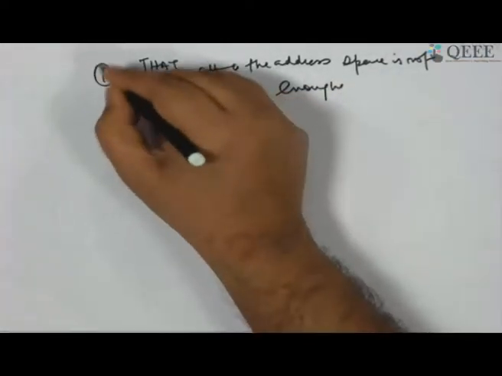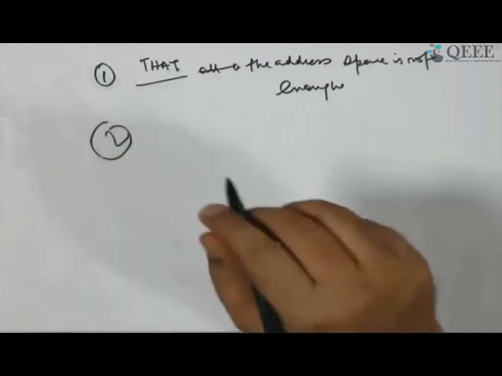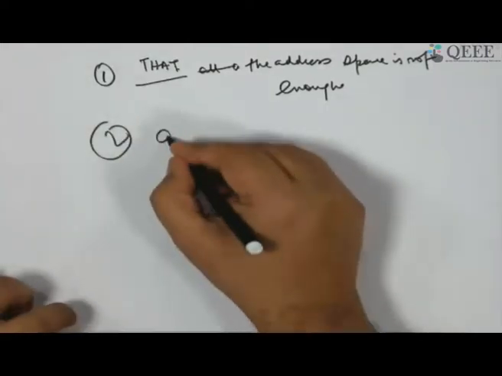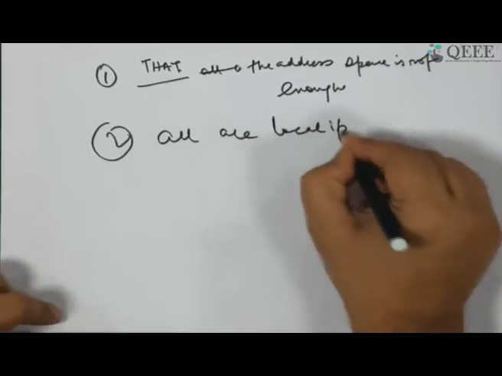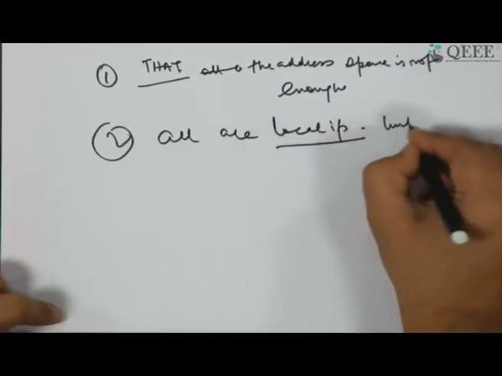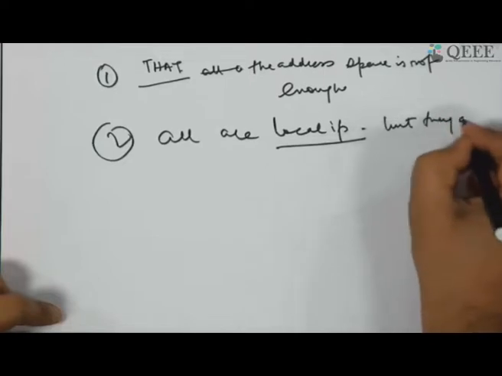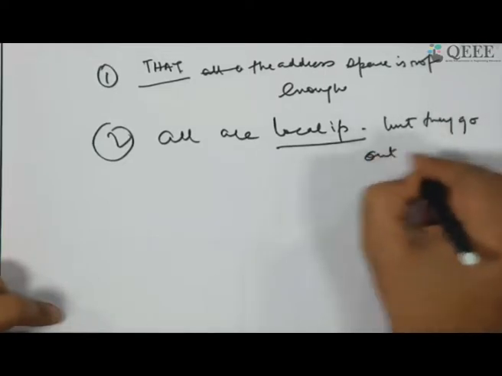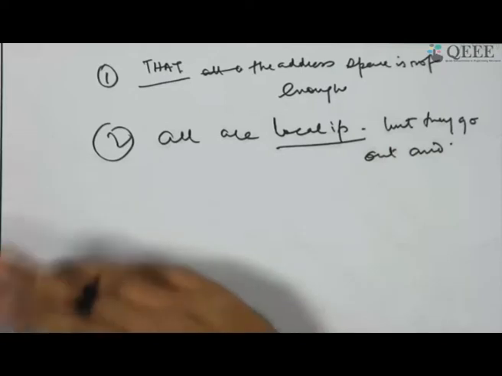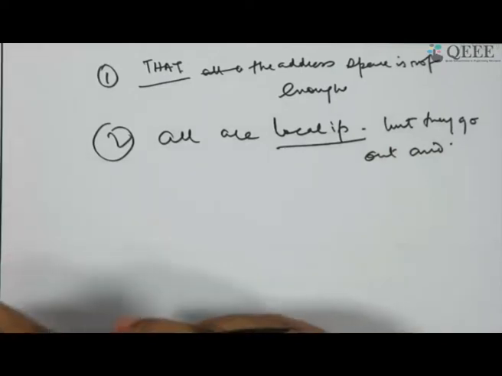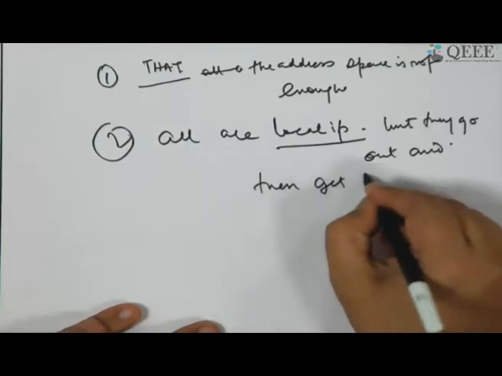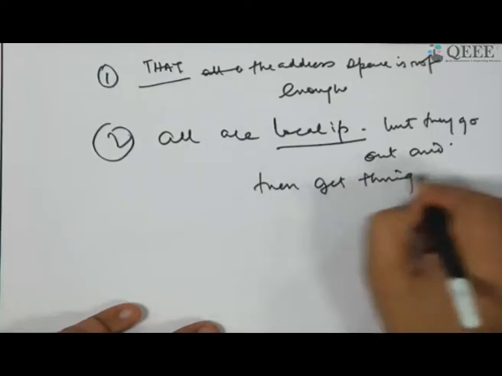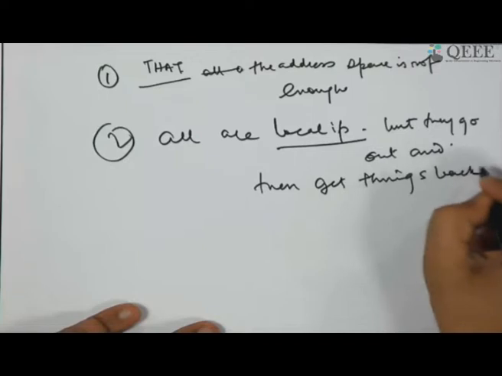And number two, if you see in your college, etc., all are local IPs, but they go out. Okay. So they go out and then get things back. How?